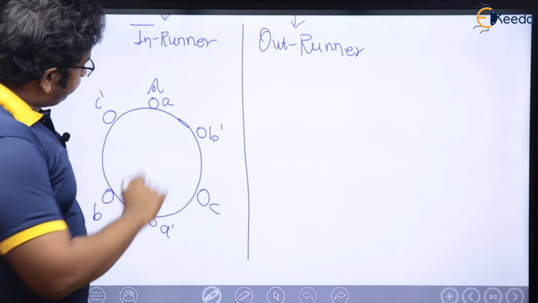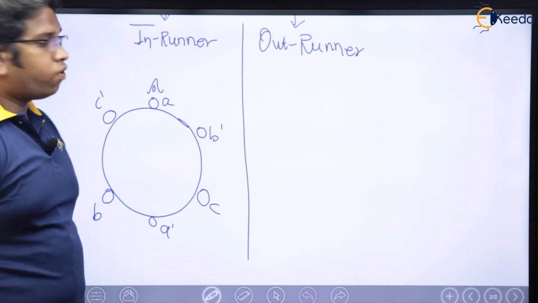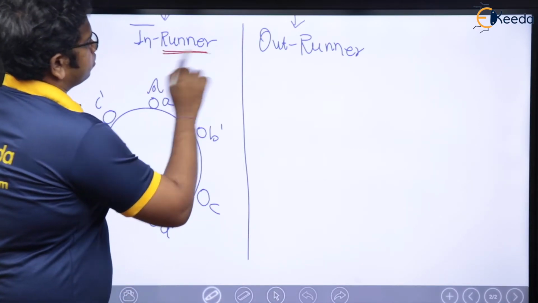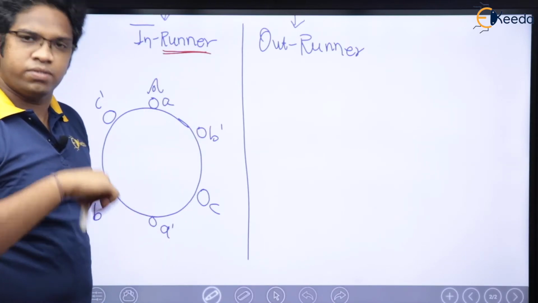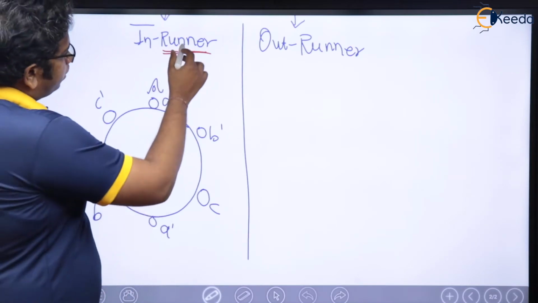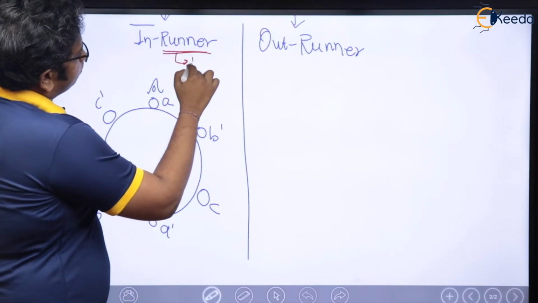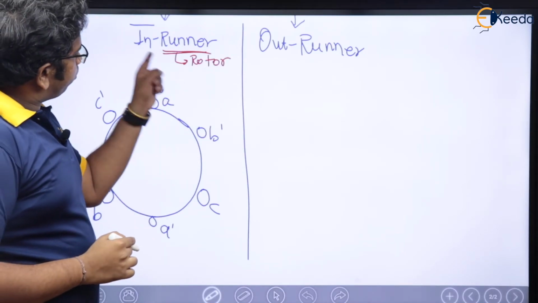Now, if the rotor, because see here, what is the meaning of runner? Running. Runner means running. Who is running? Rotor is running. Right? Now, what is the meaning of in?